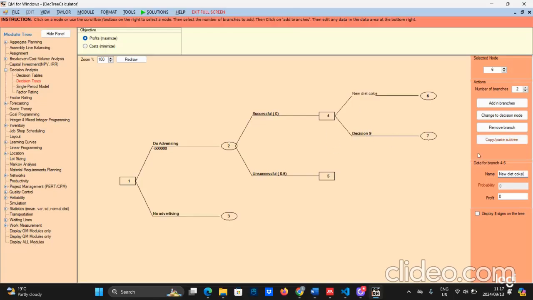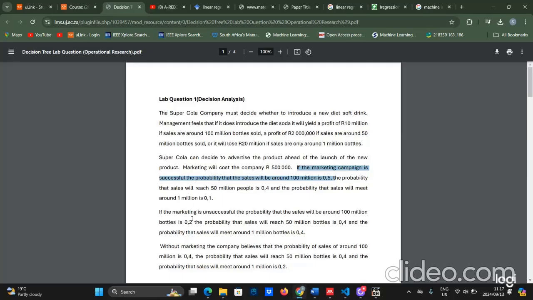And the other decision is that they won't introduce the Diet Coke. So after they do the marketing, they'll have to decide on whether they introduce the new Diet Coke.